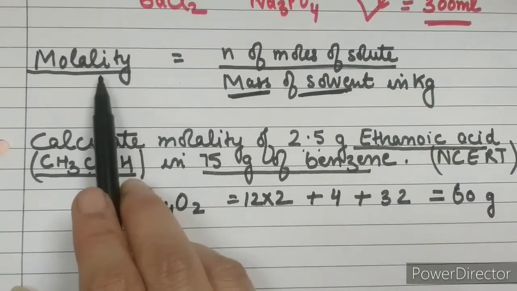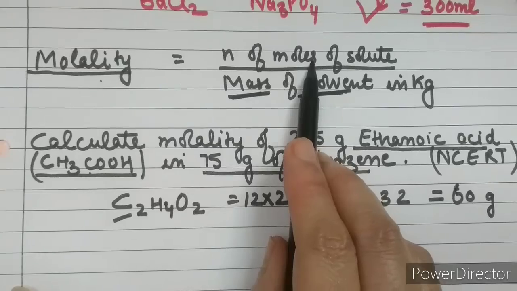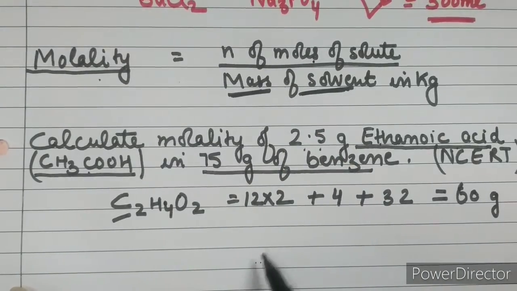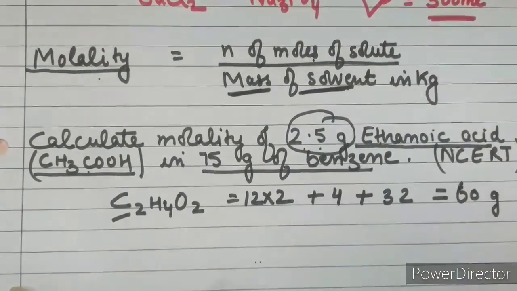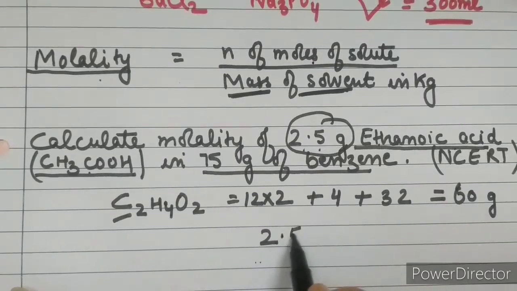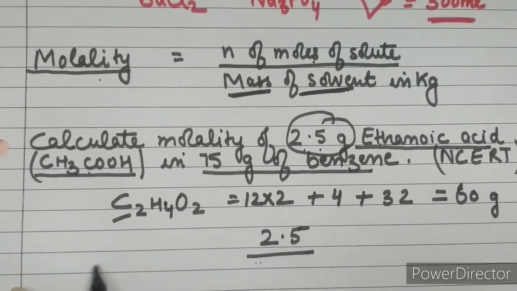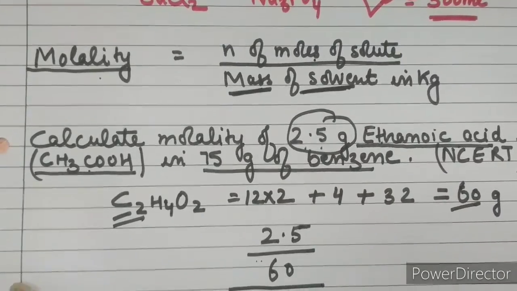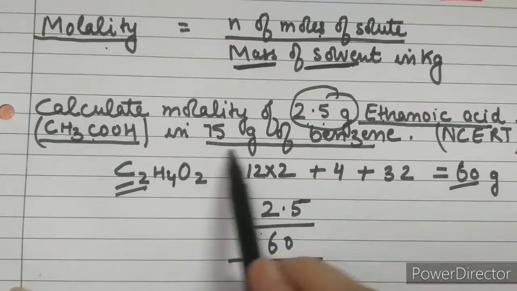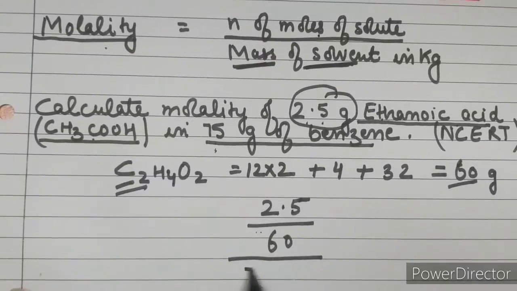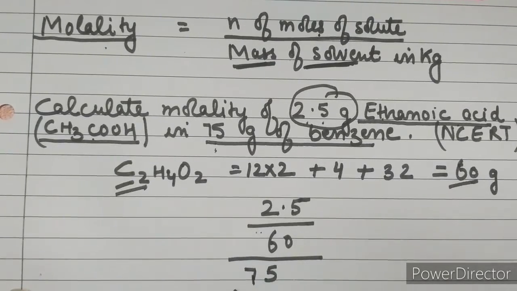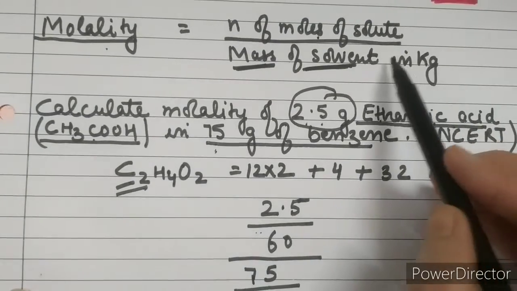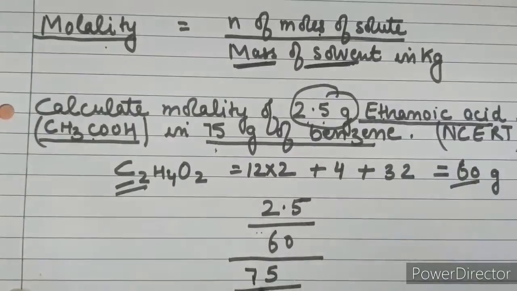Now according to our molality formula, number of moles of solute is mass of solute. Mass of solute is 2.5 gram given. So 2.5 divided by molar mass of solute, ethanoic acid, which is 60, and the mass of solvent is given to be 75 gram, but we have to change into kg because our formula is mass of solvent in kg.